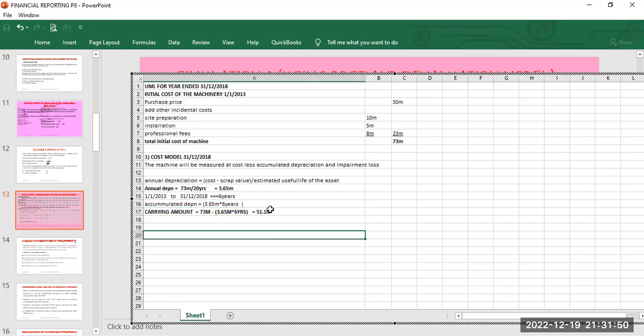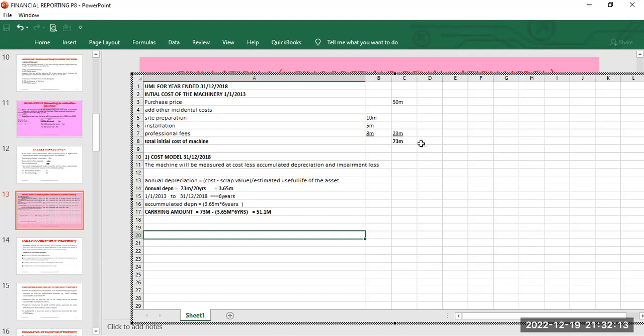And this carrying amount is what we are going to be taking to the balance sheet. But this depreciation is going to be taken to our statement of financial position as an expense every year.